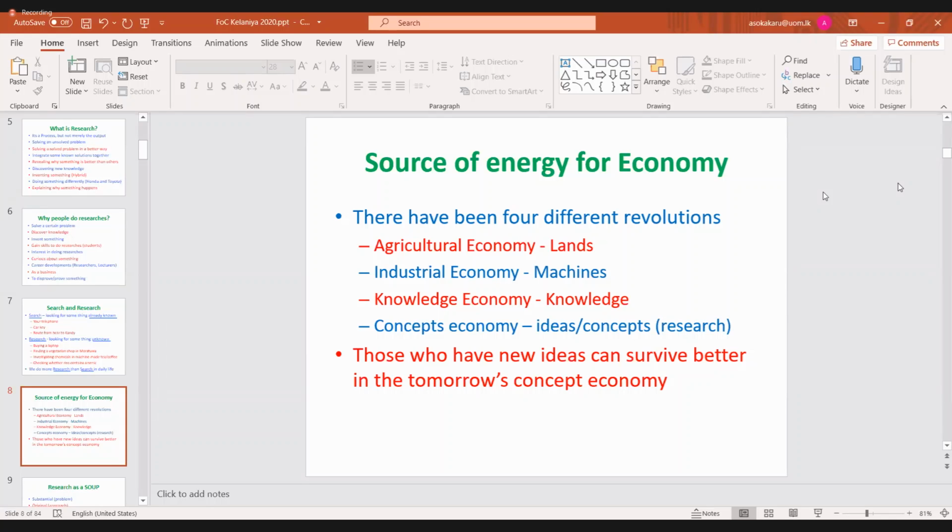After that, we came to an era we call the industrial economy, where if you have machines, you can produce more and therefore earn more. That's how the Western countries developed a lot. Our people produced things using hands, but using machines they can do it much faster.